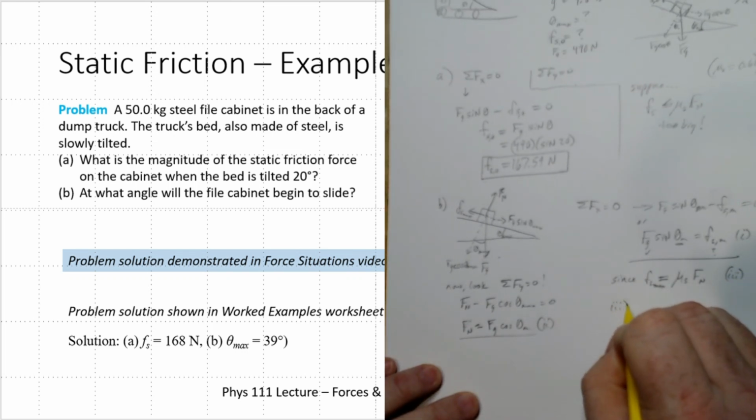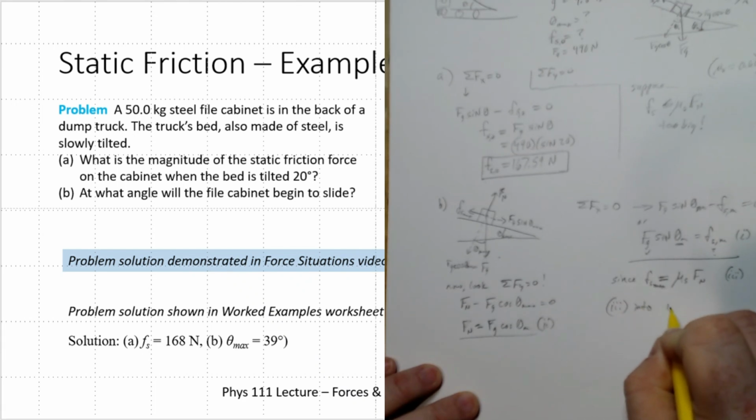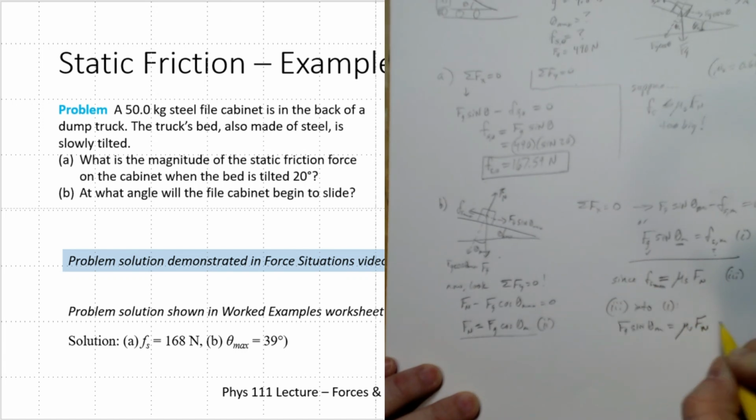3 into 1: Fg sine theta max equals, this that value gets mu s times the normal force.